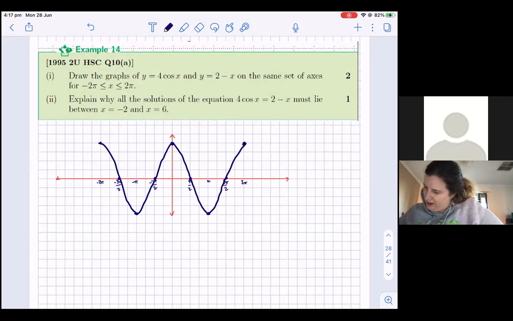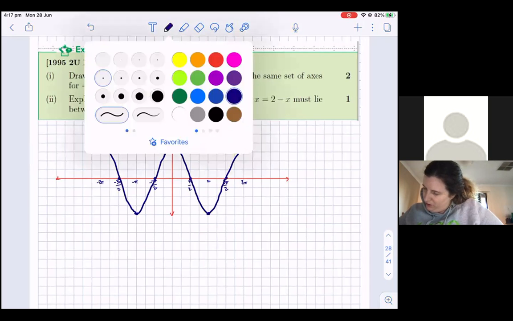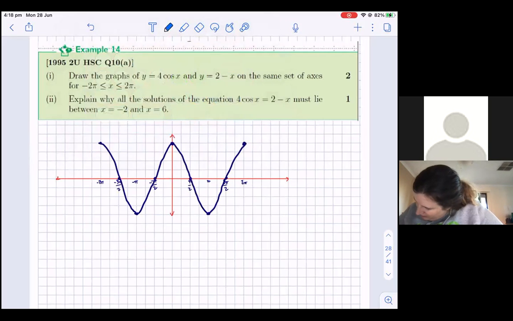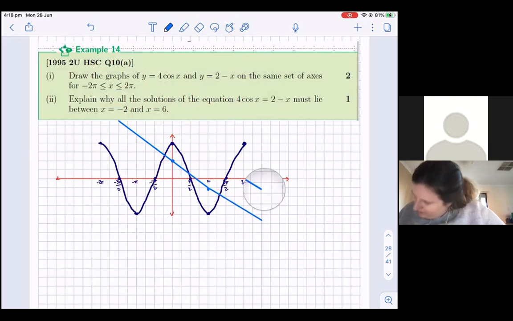And we also want the line y equals 2 take x. Now this is going to be really annoying to draw. 2 take 0 is 2. 2 take pi is going to come down to like negative 1.14. I'm just going to make sure my line goes through these. This is not an exact way to solve things like this.